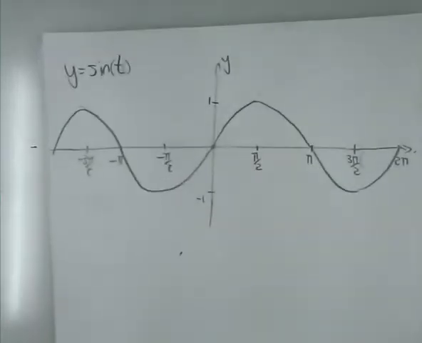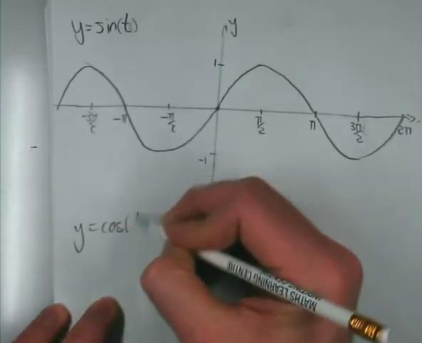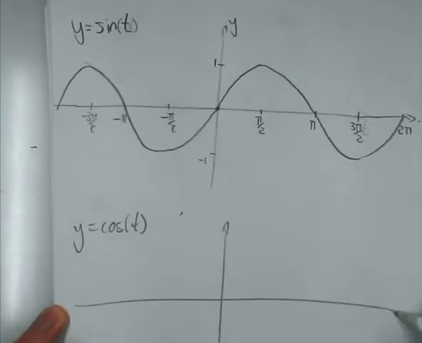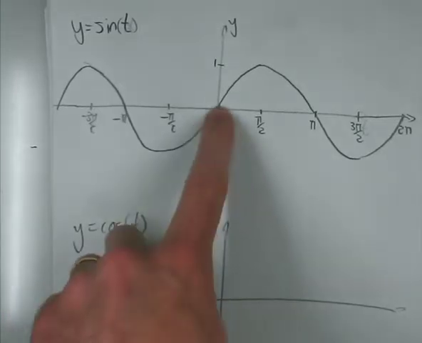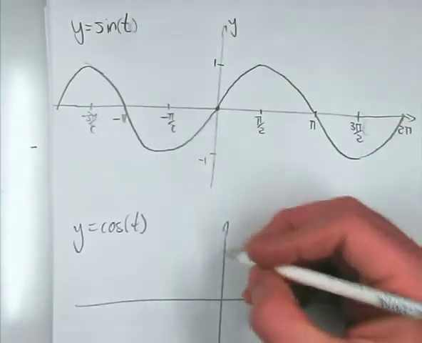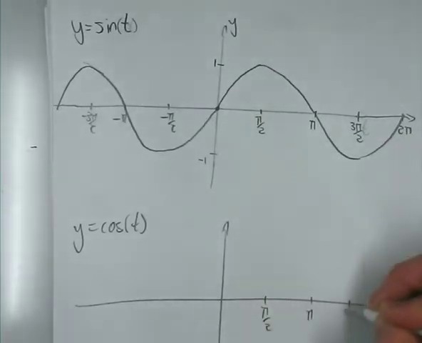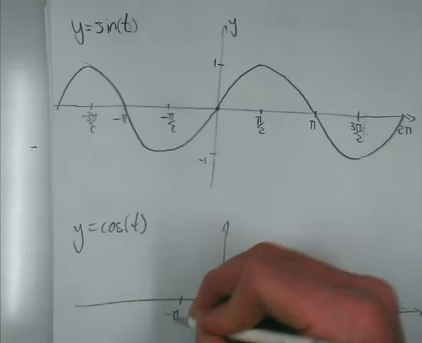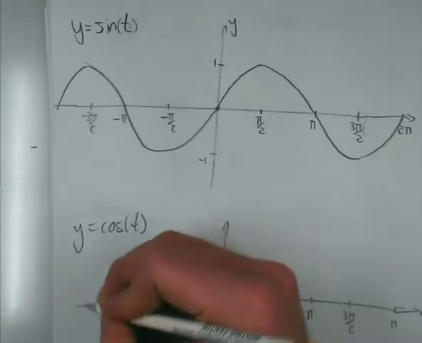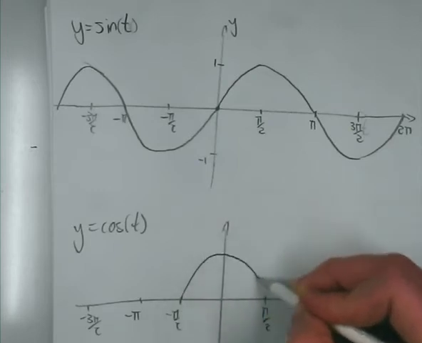Cos, on the other hand, is exactly the same shape, but instead of starting here at the origin, cos starts going up over here at minus pi on 2. So it has exactly the same shape, but it does this here instead.